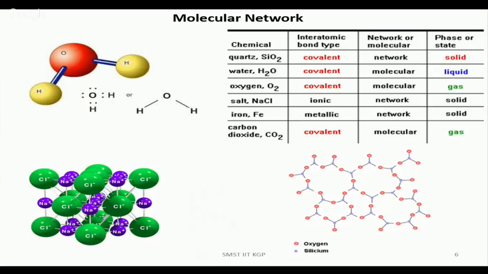So quartz is solid, but glass is not solid, it is a liquid, or we call it a supercooled liquid. Water is a liquid, ice is a solid, oxygen is a gas. We know sodium chloride is ionic, having a molecular network. Metals have metallic bonds, they also have a network, and carbon dioxide is covalent and its individual molecules are stable. Okay.